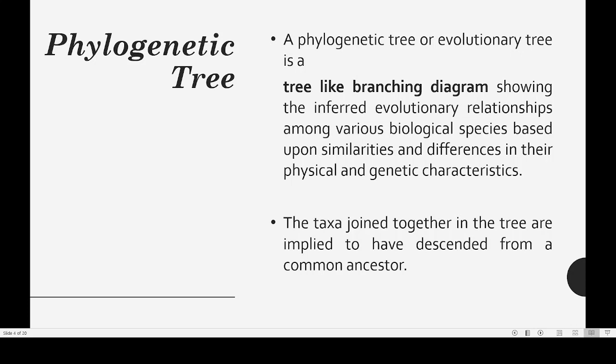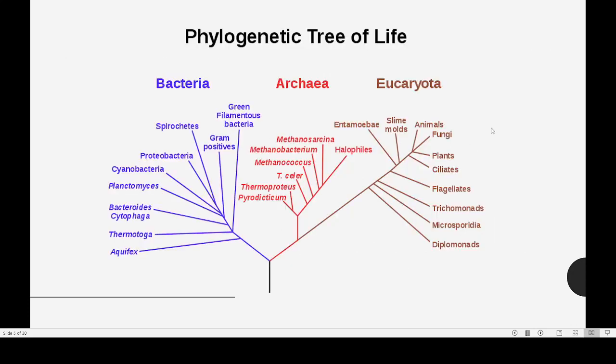So taxa joined together in a tree are implied, meaning assumed or guessed, to have a descendant. Descendant means formed from a common ancestor. That is the point mentioned. For example, here you can see the animals, fungi and plants. Here you can see the entire tree of life. We are saying that these organisms have a common origin at this point.